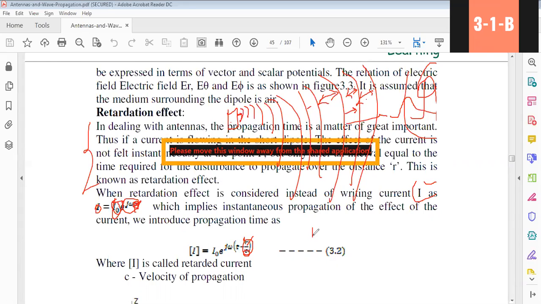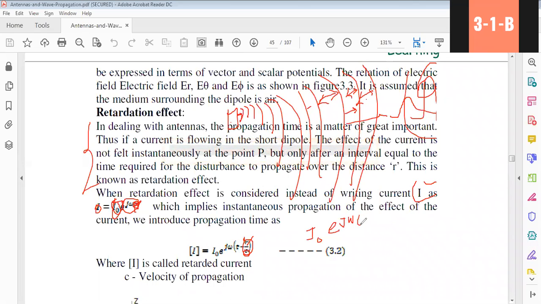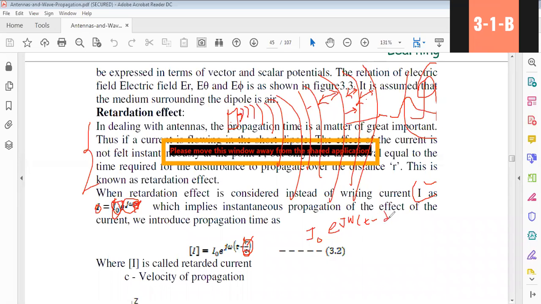Okay, that's why I naught into e power j, okay, frequency is not changing because that is linear. If we consider a non-linear wire, there exist some additional frequency components. Okay, t minus distance by velocity. Okay, what is the distance here?